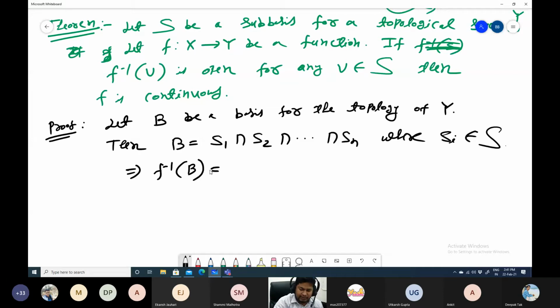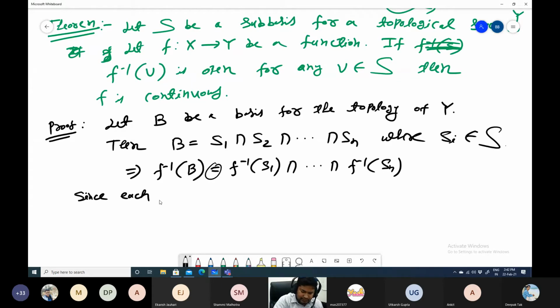That is the beauty of f inverse. If you know set theory, you can easily prove that, so you have equality here. And since each f inverse Si is open, therefore f inverse B is open.